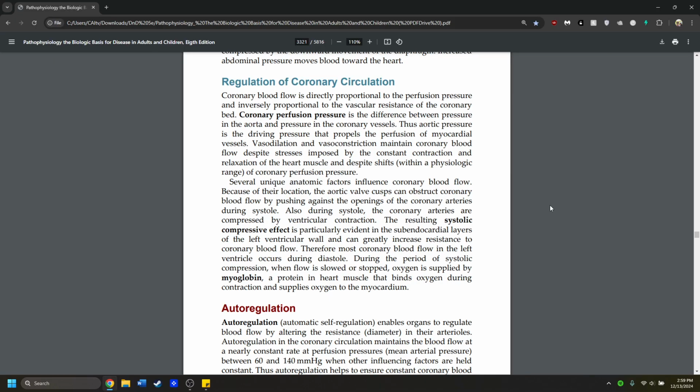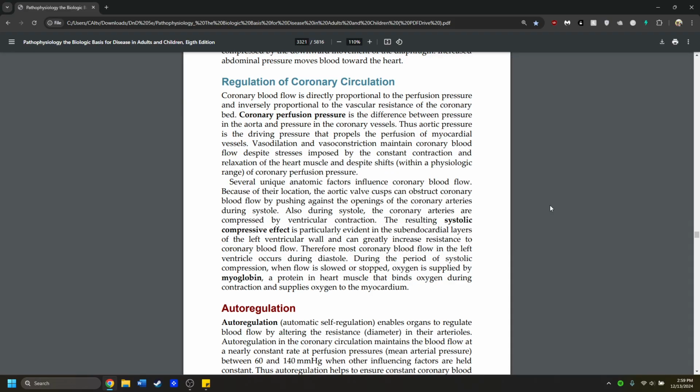The resulting systolic compressive effect is particularly evident in the subendocardial layers of the left ventricular wall and can greatly increase resistance to coronary blood flow. Therefore, most coronary blood flow in the left ventricle occurs during diastole.